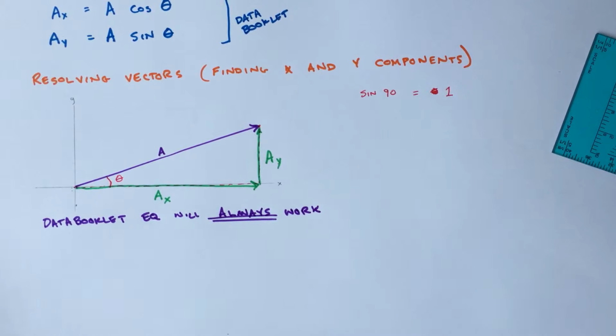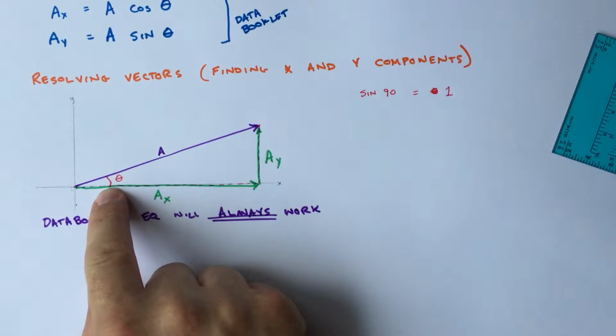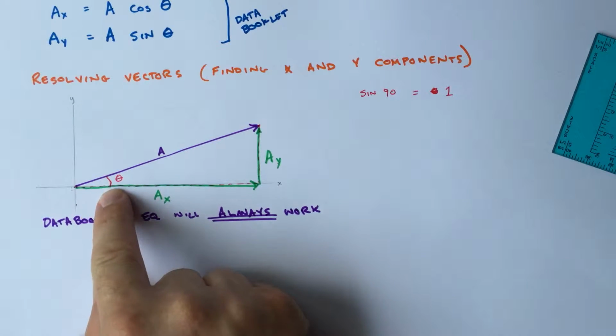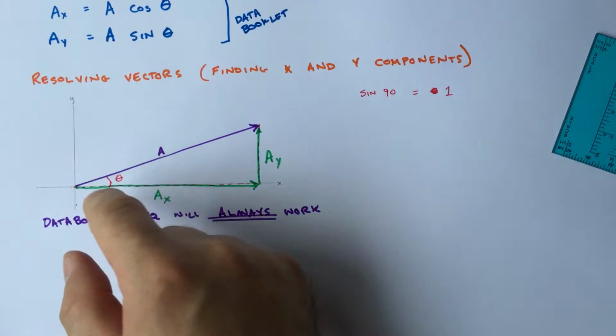The convention must always be that your theta starts from this direction around this way to your vector.